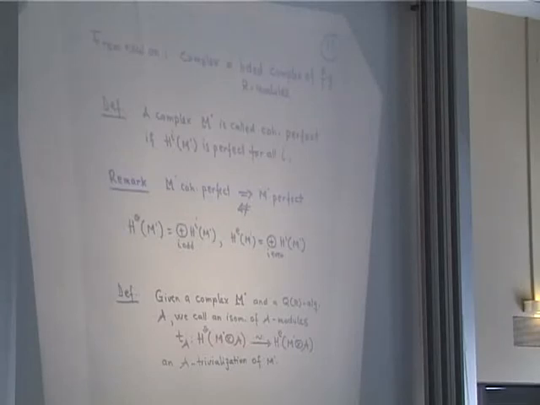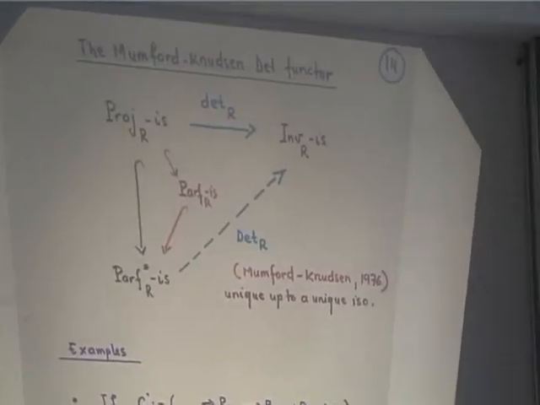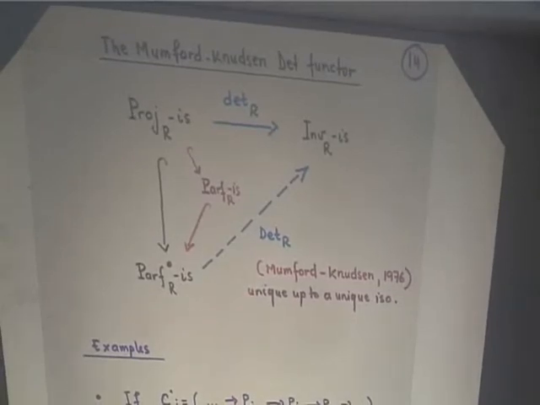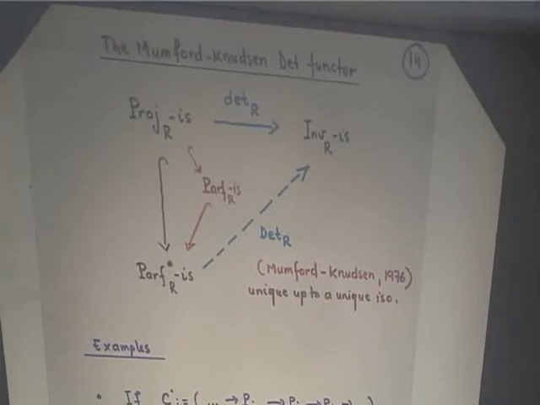Here is how you do it. You have the finitely generated projective R modules, endowed with isomorphisms. That's a category. I showed you that you have a determinant functor from that category into the category of invertible R modules, that is rank 1 projective R modules, with respect to isomorphisms.